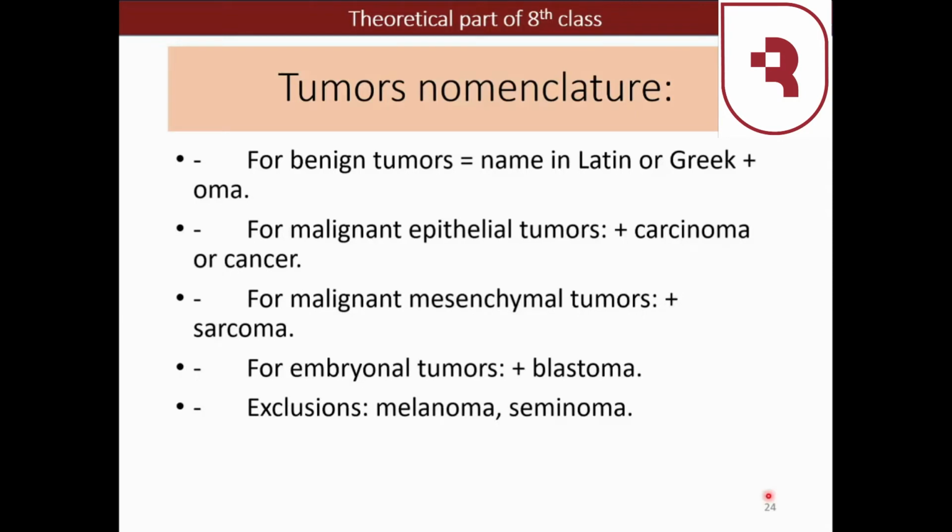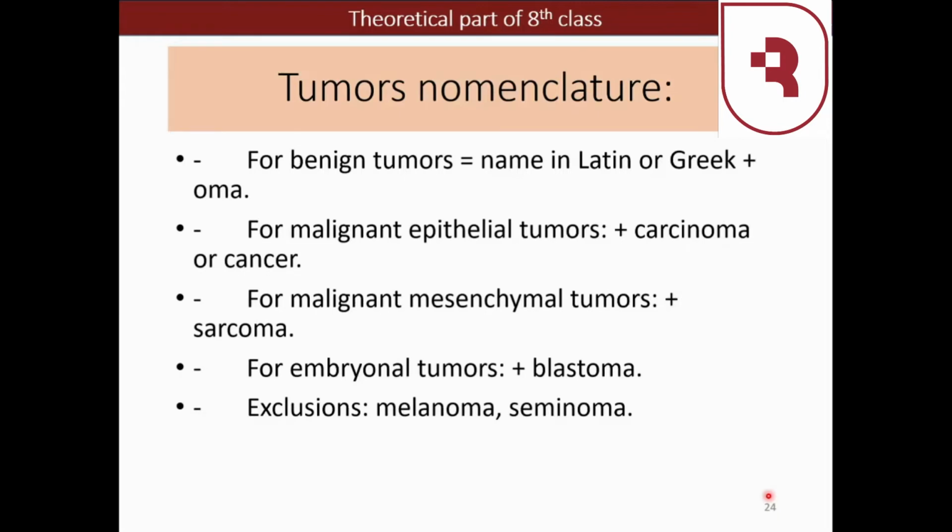For example, a malignant tumor from glandular epithelium may have two names: glandular cancer or adenocarcinoma. For a malignant tumor of the stomach, it is right to use both variants: adenocarcinoma of the stomach or glandular cancer of the stomach. They are the same terms.